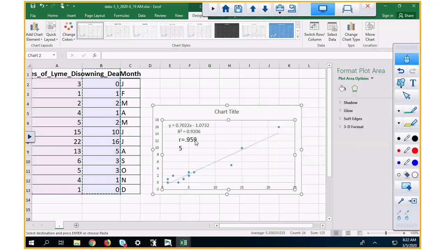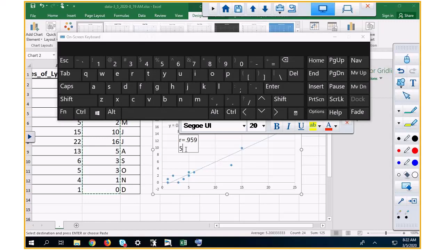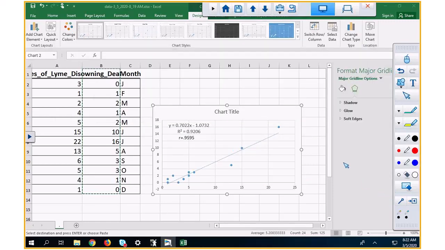And of course, they're going to say, well, why is there a strong correlation? Because people are out during the summer. Don't you think? And that is those months right there.